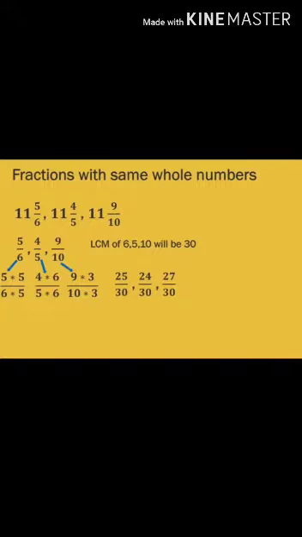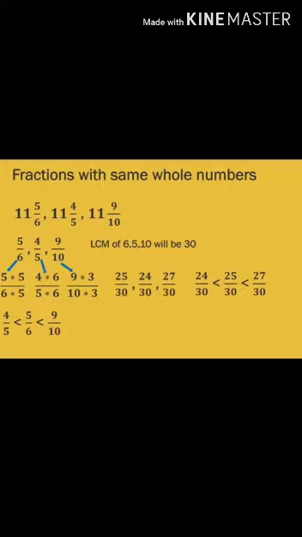The smallest numerator in this case is 24, so 24 out of 30 will be the smallest fraction, then 25 out of 30 will be bigger, and 27 out of 30 will be the biggest. So we have achieved the order of the fractions, right? So 4 out of 5 is the smallest, 5 out of 6 will be bigger, and 9 out of 10 will be the biggest.